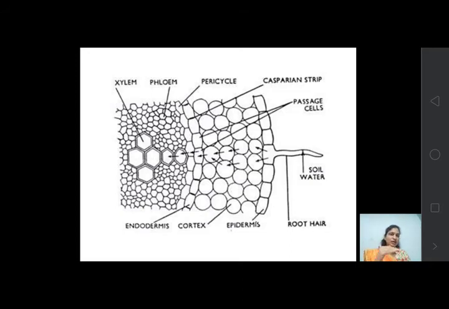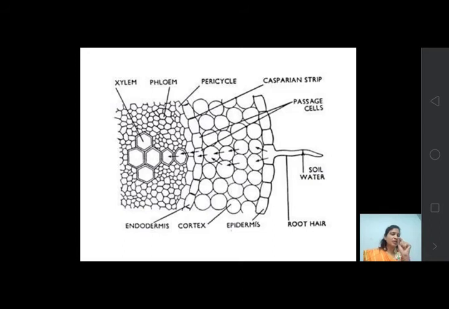So you can see the passage cells clearly in this picture. That is the protoxylem. Next to the protoxylem there is a pericycle, and next to the pericycle you can see the arrow in that cell.